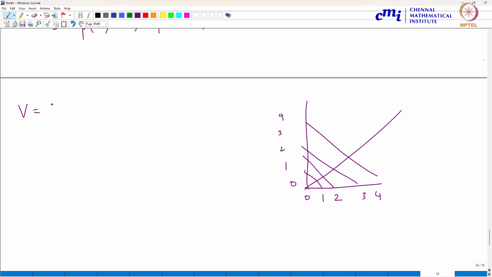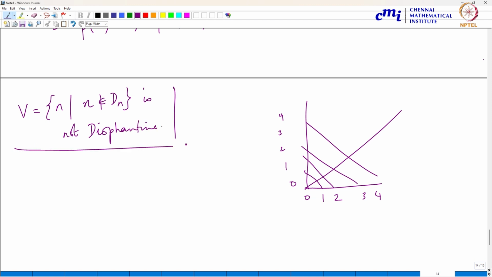The set V equals all n such that n does not belong to Dn. So that's the result. This is an argument that anyone can do. Do you want to try? What's your name? Sai. Okay, you want to try? You have to do a contradiction.